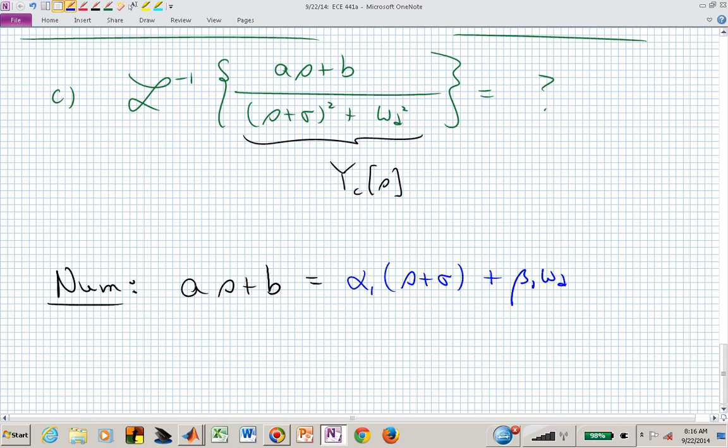A and B now, let's say I know those. I know sigma and omega sub d by the denominator. I now have two equations and two unknowns. Where are my two equations coming from?